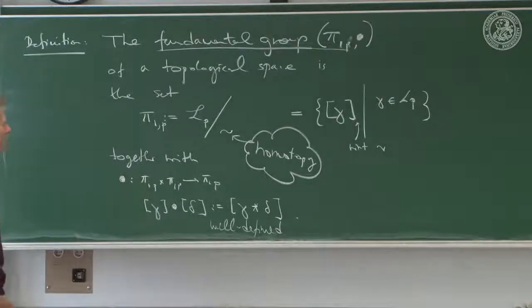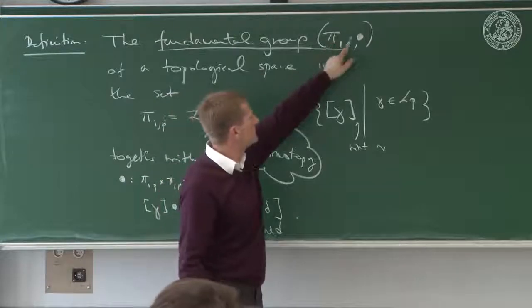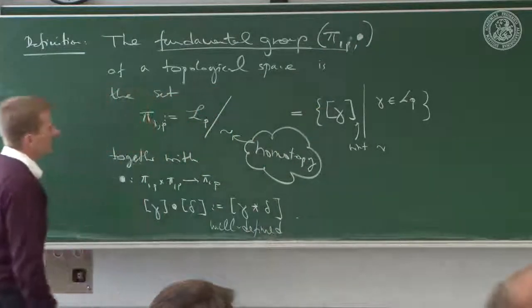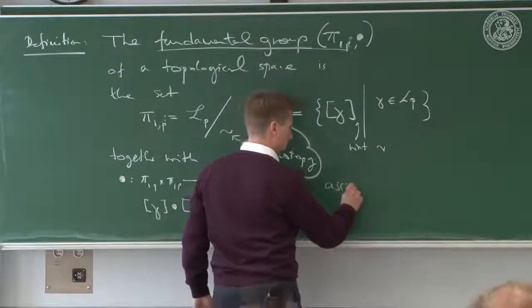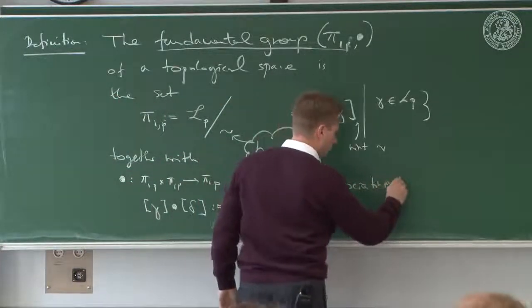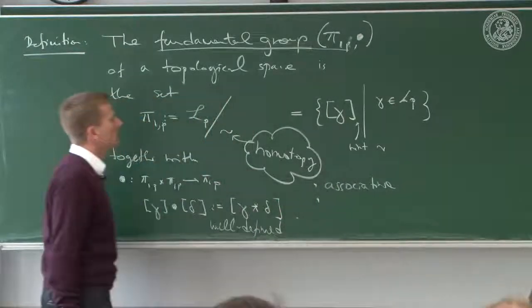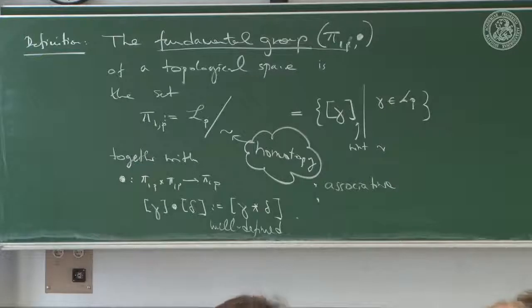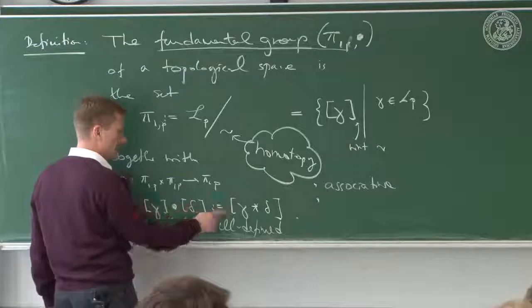And so what you have here is this set with this blob operation, and this blob operation is associative. What is the neutral element of the blob operation? Which delta do you have to put here in order to get this class back?